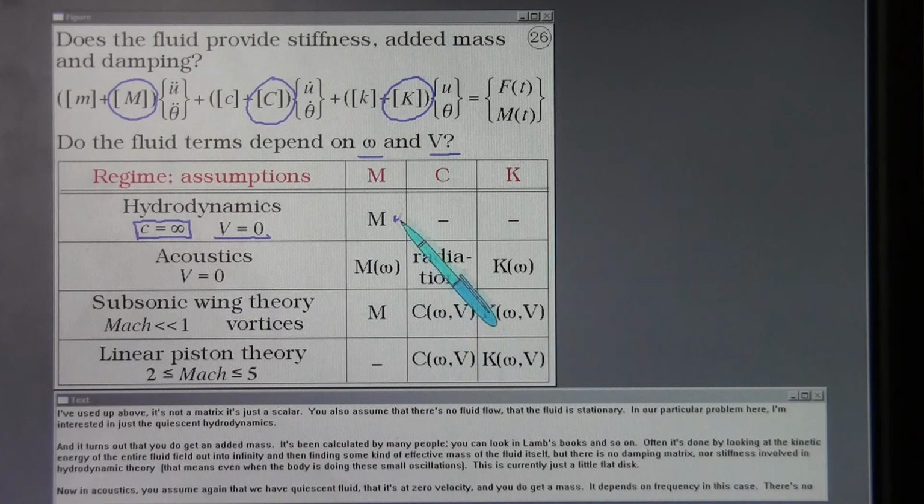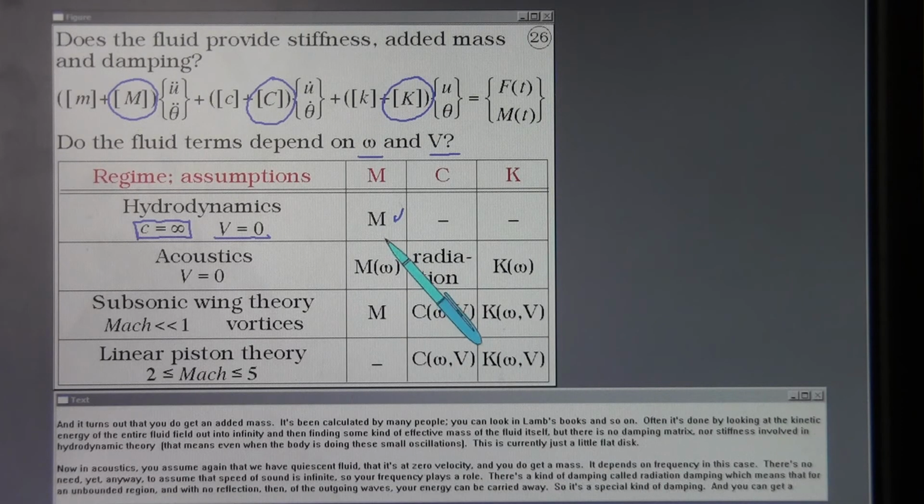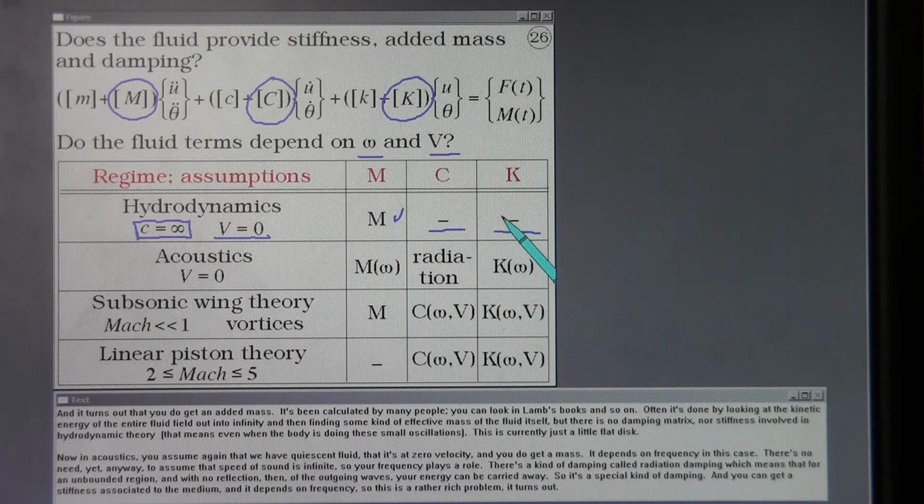That's been calculated by many people. You can look in Lamb's books and so on, and often it's done by looking at the kinetic energy of the entire fluid field out to infinity and then finding some kind of an effective mass of the fluid itself. But there is no damping matrix nor stiffness involved in hydrodynamic theory. And that means even when the body is doing these small oscillations. Now this is currently just a little flat disk.